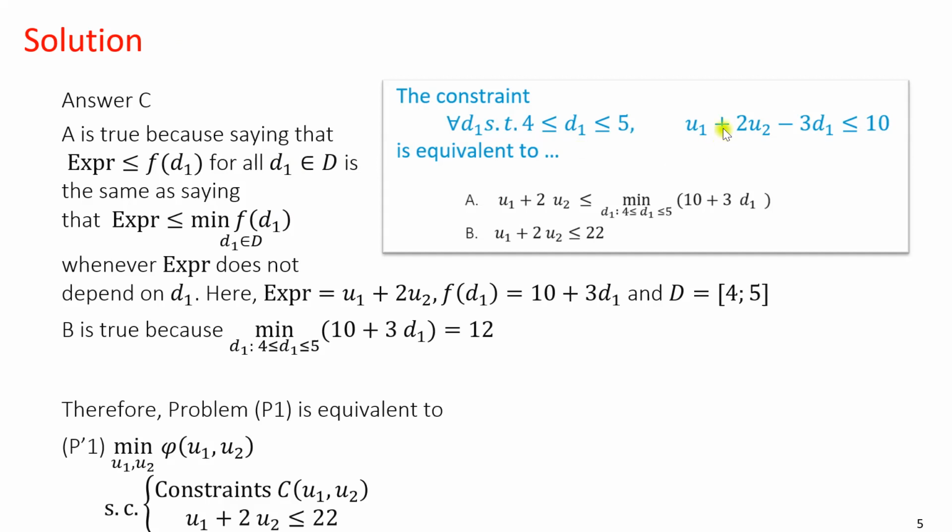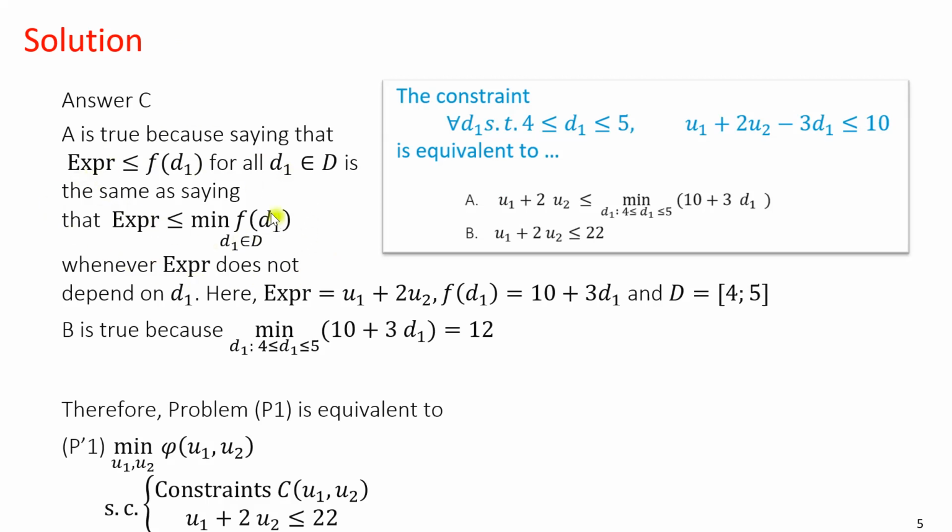So here, in this inequality, I can separate the U and the D. This is equivalent to U1 plus 2U2, which are my optimization variables, less than 10 plus 3D1, which contains only the disturbances here. And saying that U1 plus 2U2 is less than this for any value means that it is less than the minimum. So that's the trick.